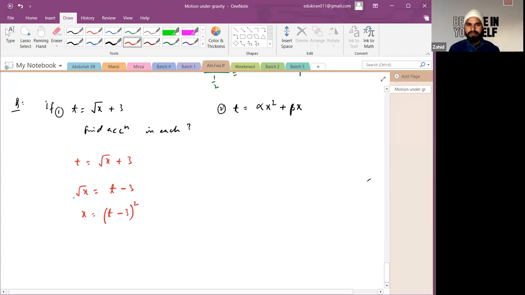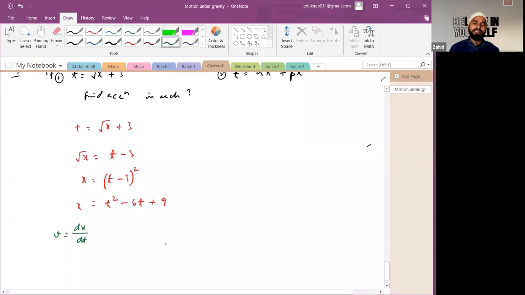Now, if you expand this term using the a minus b whole square identity, it will be a square minus 2ab plus b square is equal to x. Now differentiate it, you will get velocity. dx over dt will define your velocity. And then again, differentiating velocity will give you acceleration.